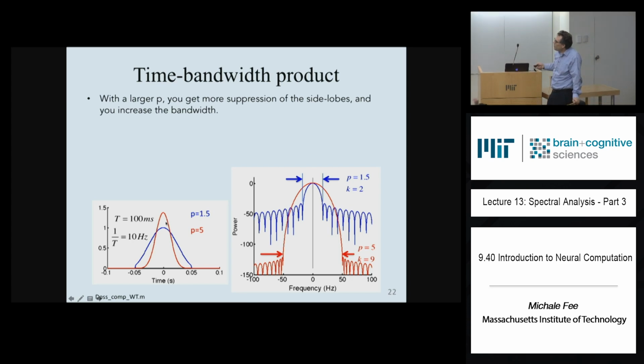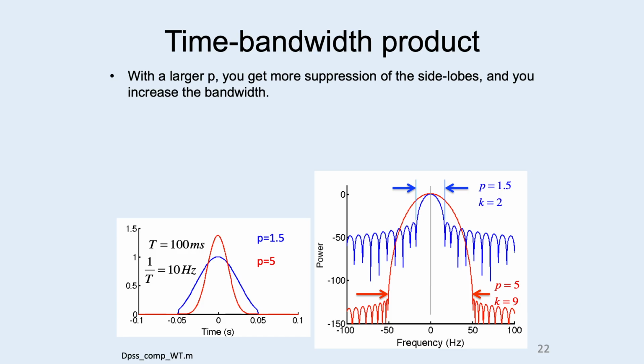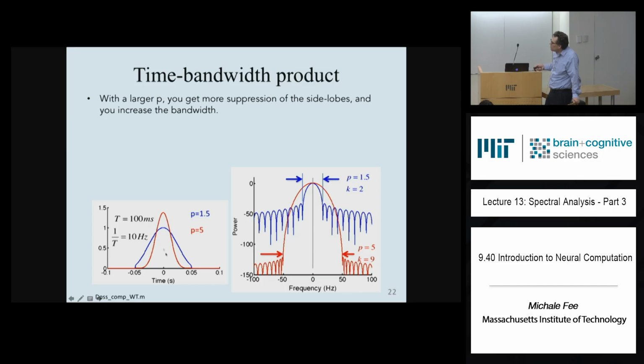If you look at the Fourier transform of each of the two different tapering functions, you can see that if p equals 1.5, the tapering function is broad, but the Fourier transform, the kernel in frequency space, is narrower.